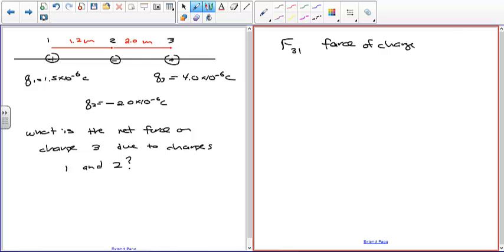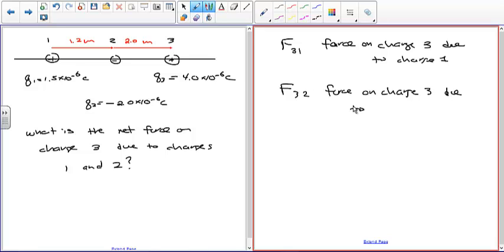Just got to be consistent. And F32 is the force on charge 3 due to charge 2.